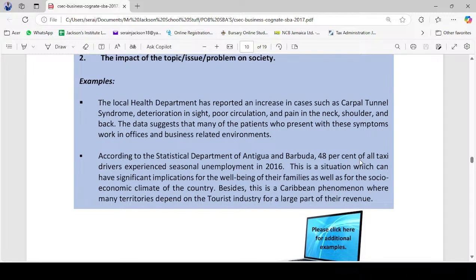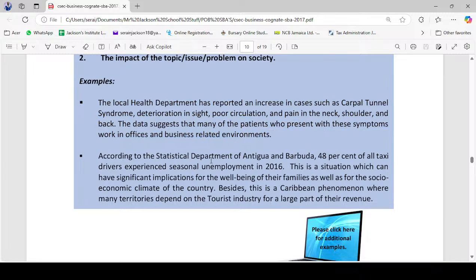The data suggests that many of the patients who present with these symptoms work in offices and businesses related environments. So this is one way you can develop. You can talk about your issue and how it affects the society.